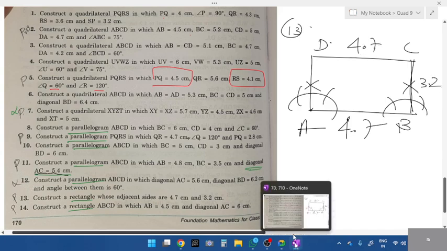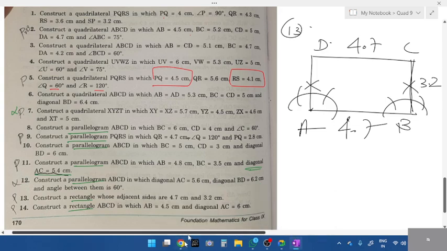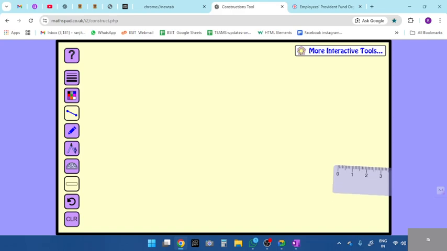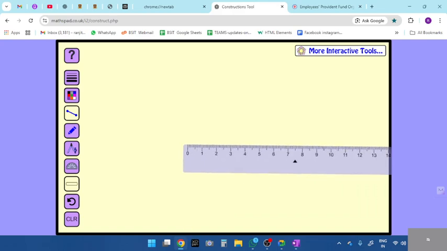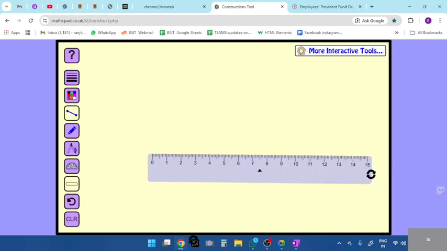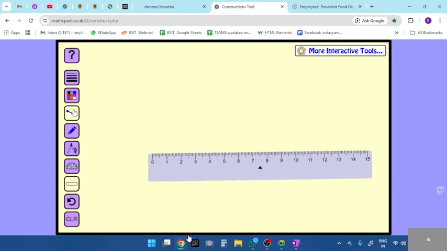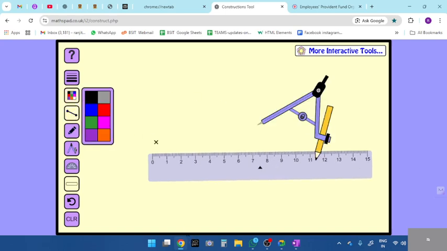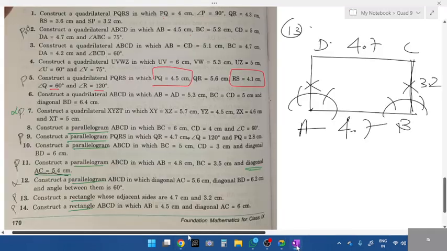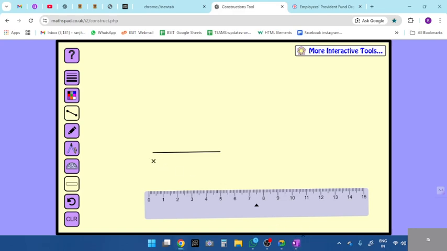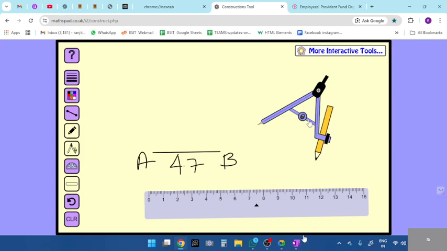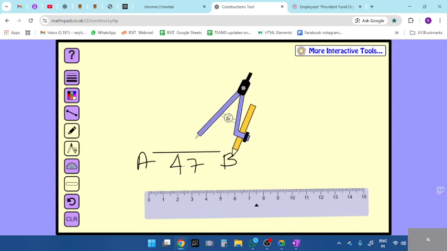Start constructing 4.7, 90 degrees. Yes, the base is 4.7. Look, let me take the base. Base is 4.7. Construct: take 2.5 centimeters in the compass, construct 90 degrees.